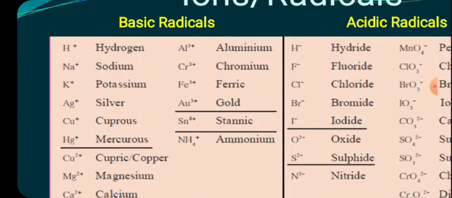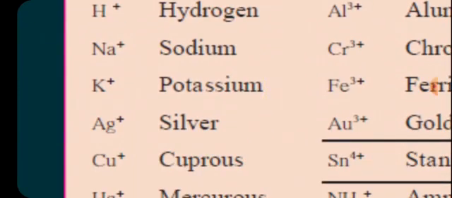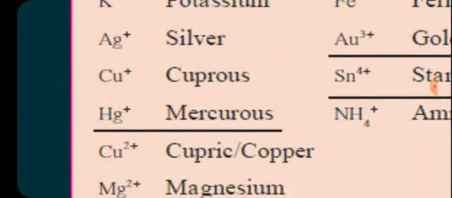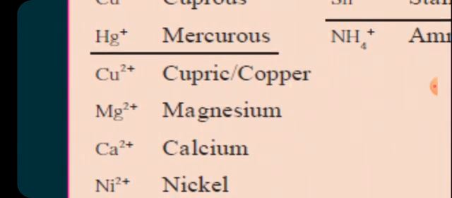Hydrogen ion H+, sodium ion Na+, potassium K+, silver Ag+, cuprous Cu+ and cupric Cu2+, mercurous Hg+ and mercuric Hg2+. Copper, mercury and iron all show variable valency.